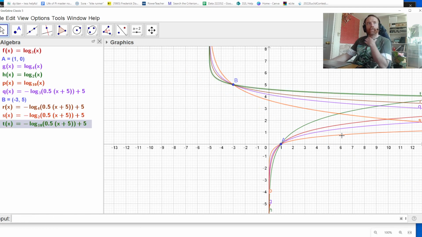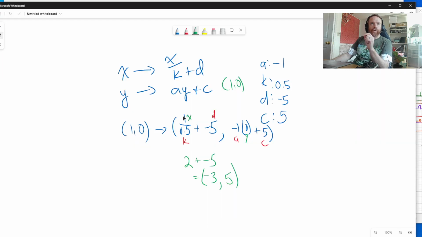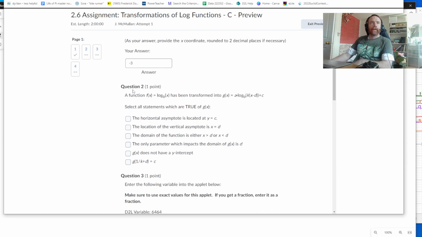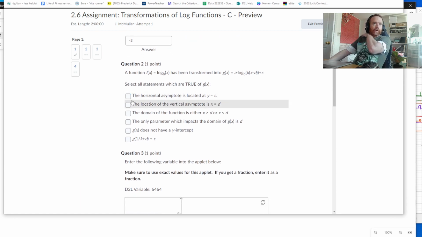You can see that no matter which one you transform, because in all cases we're following the transformation equation, we're taking the x value, dividing it by k, adding d, we're taking the y value, multiplying by a, adding c, and we can move the point. So this is an example where I have to give the x coordinate. Well, my x coordinate is -3. I'm confident in that.